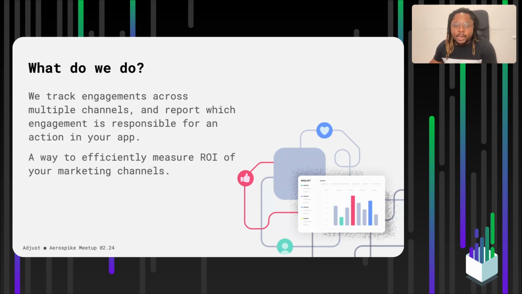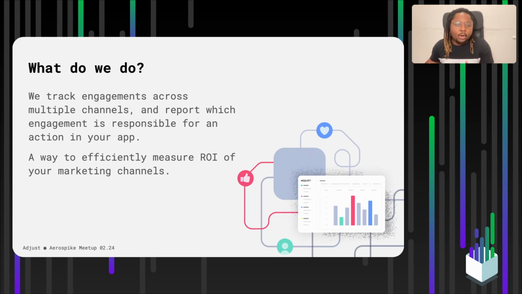So clients will create campaigns and then put them on Facebook, Twitter, LinkedIn, TikTok, wherever it is that they want to market to people. And then we help them track how people are clicking these campaign links and how these campaign links are converting depending on the platform that they've put these campaigns on.